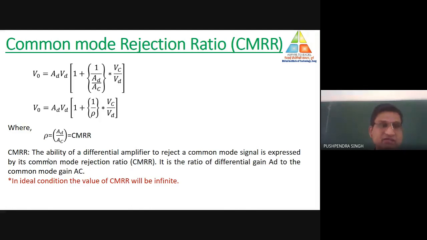That's why the value of CMRR should be infinite. Any linear integrated circuit design depends on the value of CMRR. So in each and every condition, the value of CMRR should be very high. This is the general expression for CMRR.